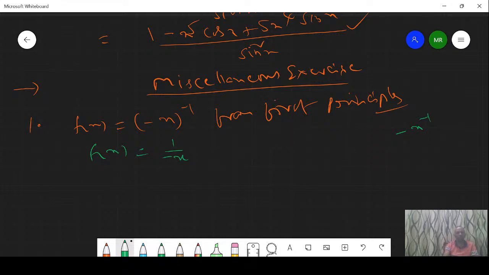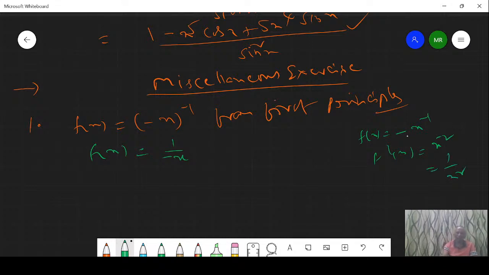You can see here what it means. I have written 1 by minus x, so I can write (minus x) whole power minus 1. When I have written like this, this is f of x. So f dash of x, without first principle, I can write x power minus 2, it comes 1 by x square.